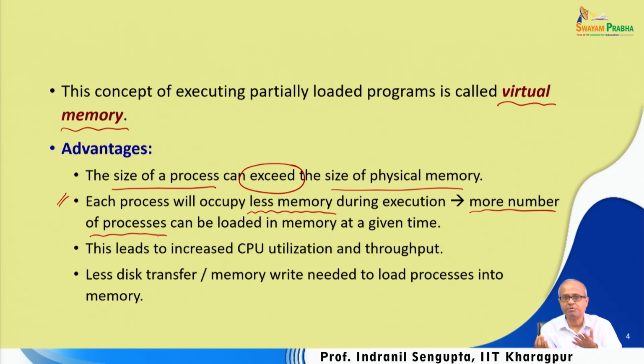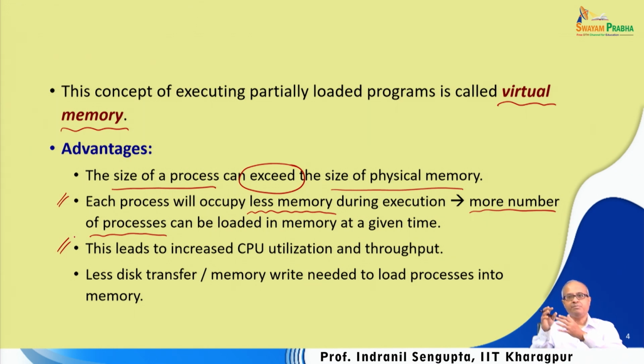Because of that, you can have improved CPU utilization and throughput, because the CPU will never be waiting; there will always be some process in memory in the ready state. This can lead to an improvement in CPU utilization as well as net throughput.